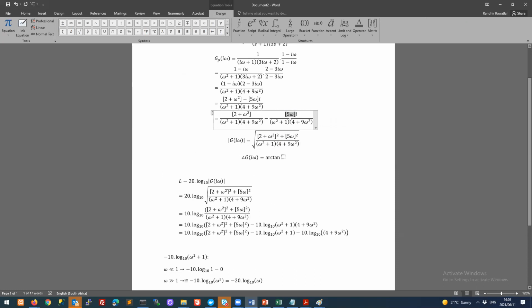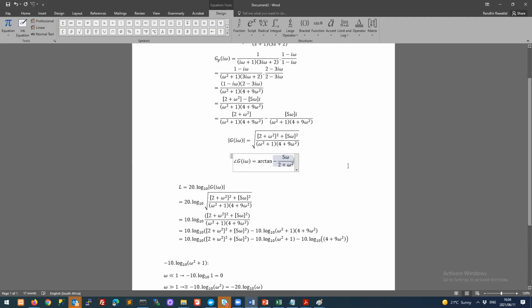Now here, the imaginary part and the real part have the same denominator, so that's just going to cancel. So we can just write this as 5 omega, or minus 5 omega, divided by 2 plus omega squared.